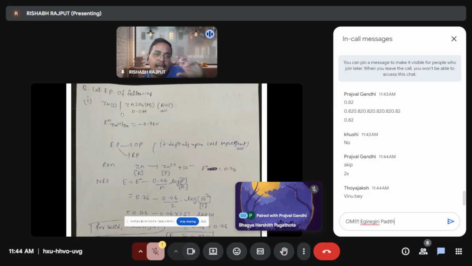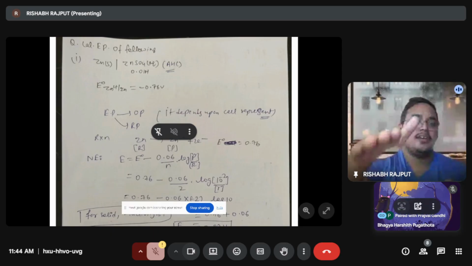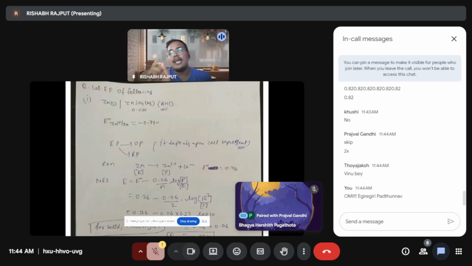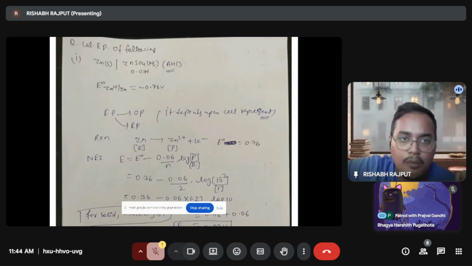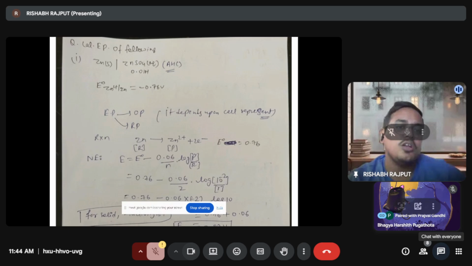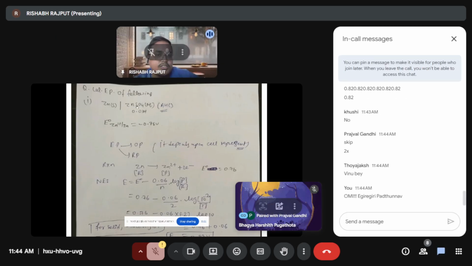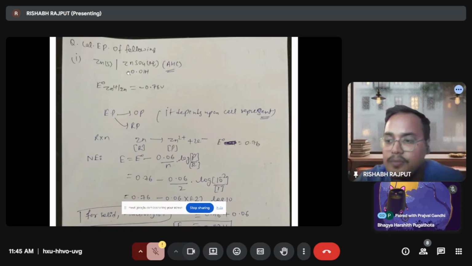Whenever they give you oxidation or reduction, your final value is based on that. Otherwise, if they ask directly, please tell me the oxidation value or reduction value, then no problem. If they do not ask like this, you just have to focus on the representation. If they give you oxidation, find the oxidation value. If they give you reduction, find the reduction value. Okay, guys.